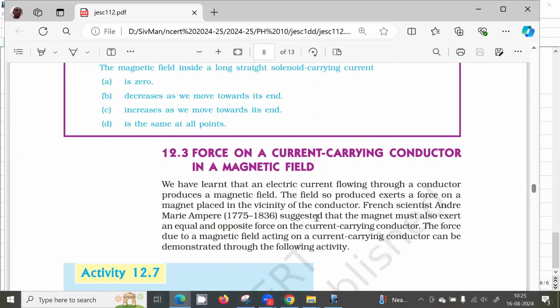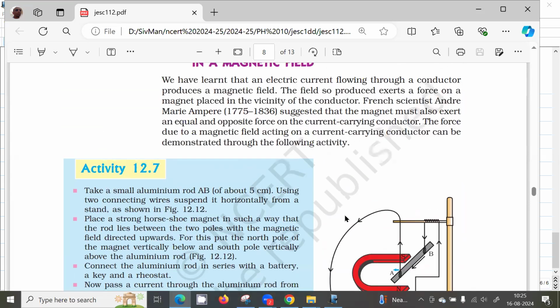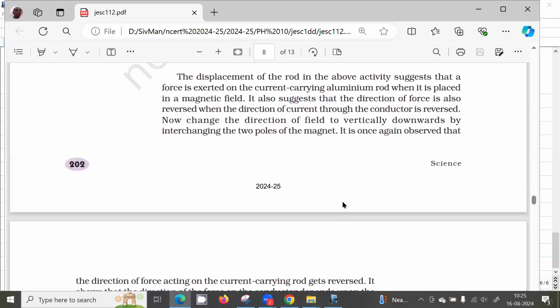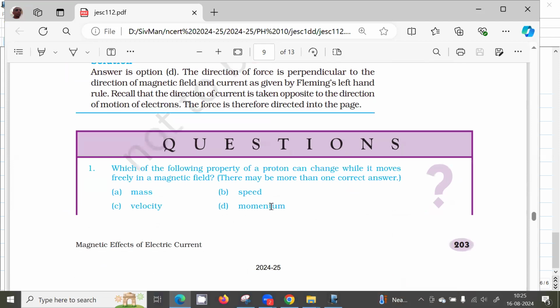This chapter is magnetic effect of current, right? A current carrying conductor in a magnetic field will experience a force. Here there is no formula, but in integrated course we studied that formula, right?